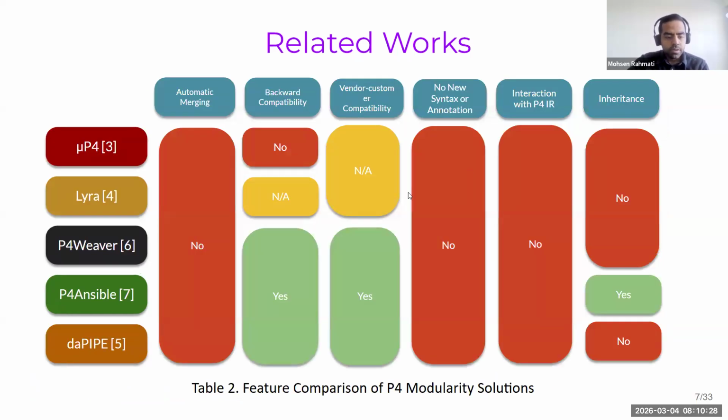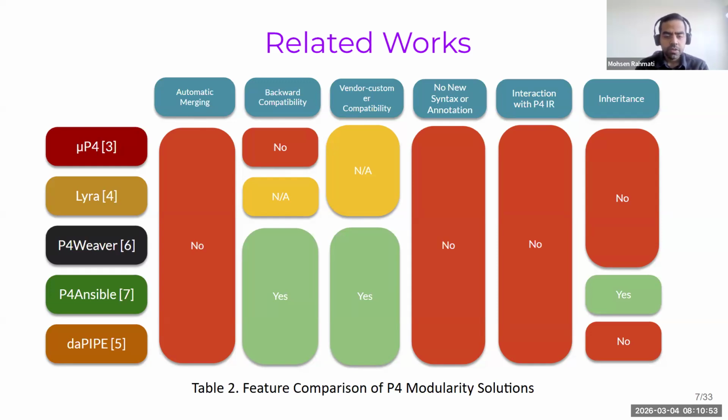So firstly, we try to classify the important features we consider in the related works. First, automatic merging. None of them have automatic merging.